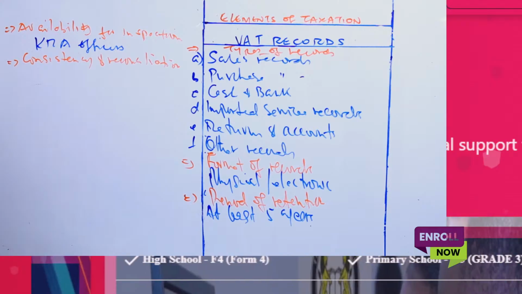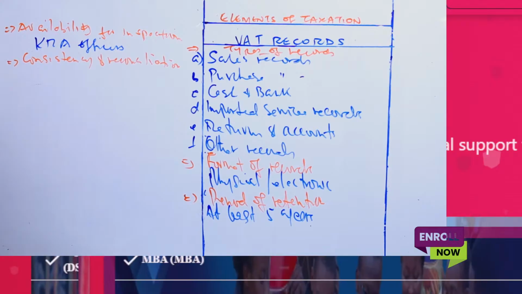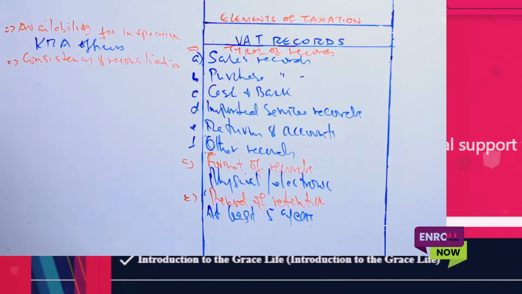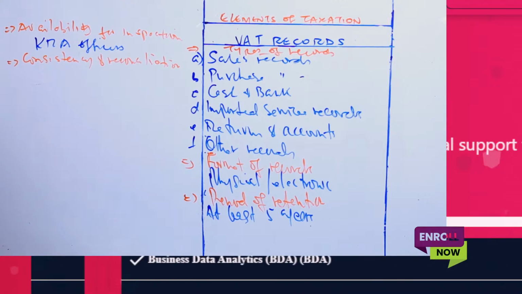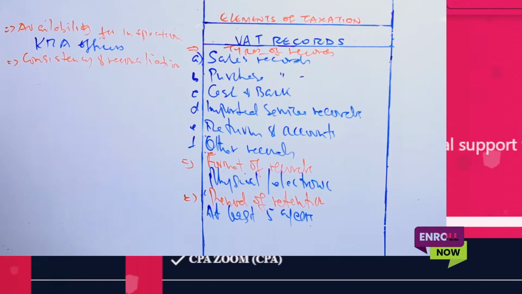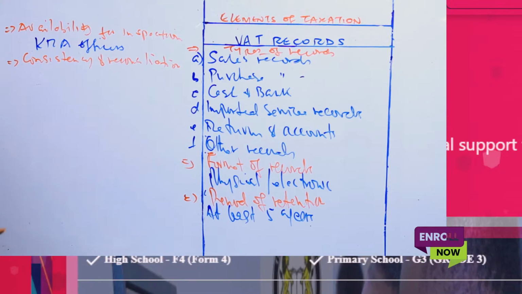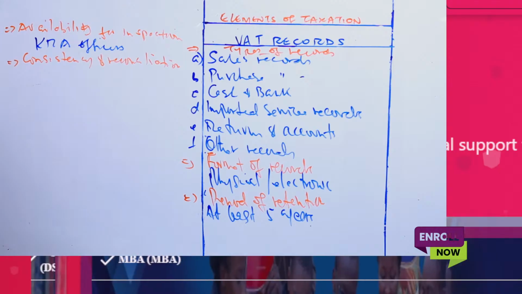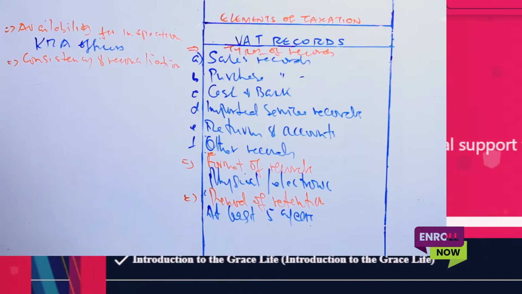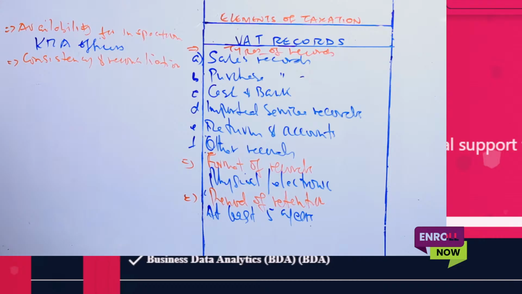For example, sales declared in VAT returns should reconcile with audited financial statements, because inconsistencies can trigger audits and additional assessments. And therefore, regular reconciliations. You should regularly reconcile your income tax, VAT, and expense records in order to ensure alignment with financial statements. You understand?